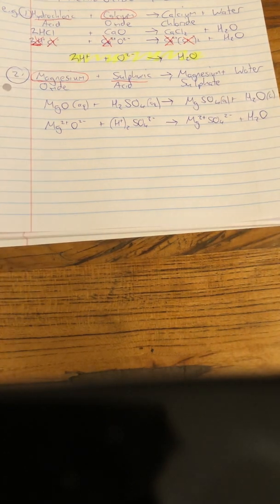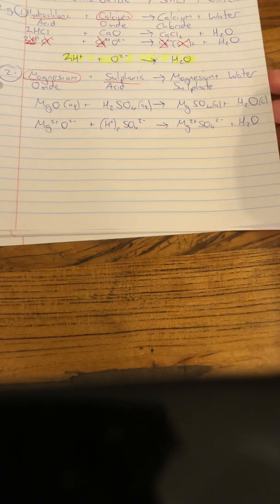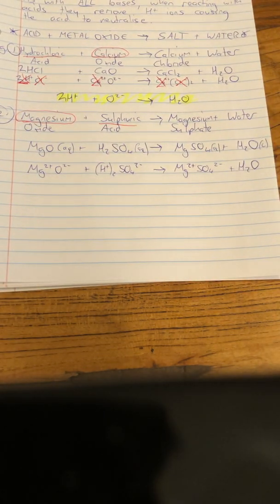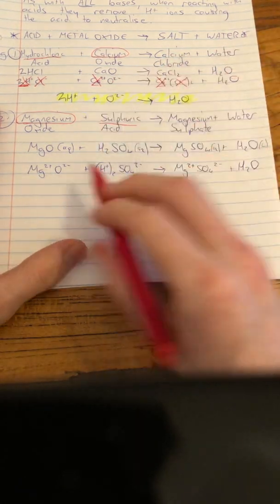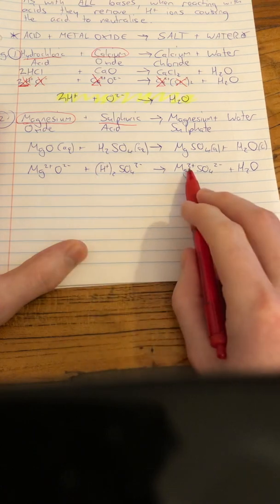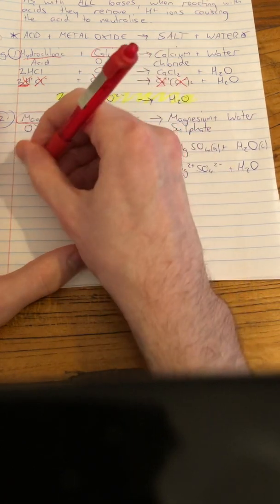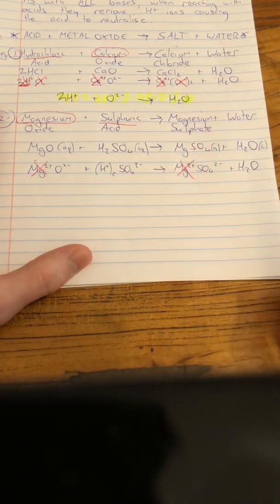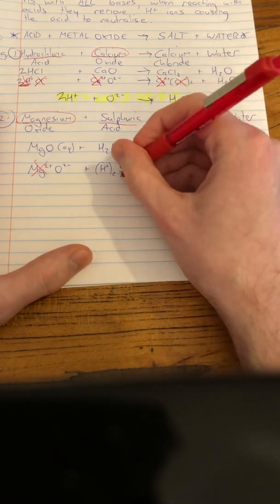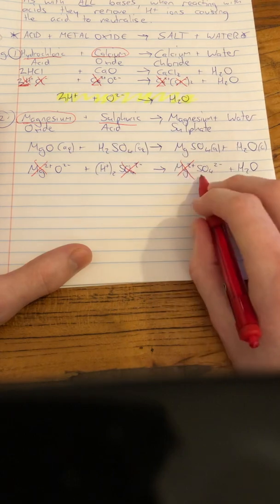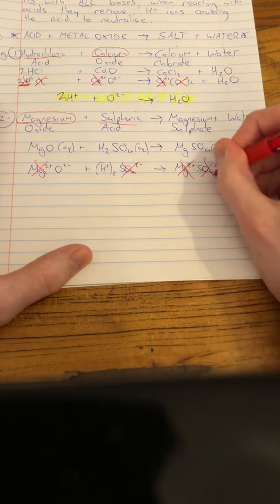Okay, now again, what we can do, we can cancel out the ions that are on both sides. Remember, we call these spectator ions, but I will come on to them later in a future lesson. So we've got Mg2+ on the left, we've got Mg2+ on the right, so we can cancel them. Yeah, we've got SO4 2- on the left, we've got SO4 2- on the right.